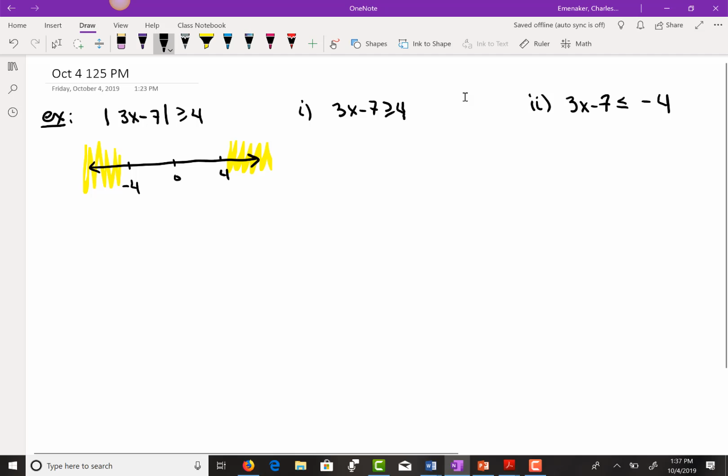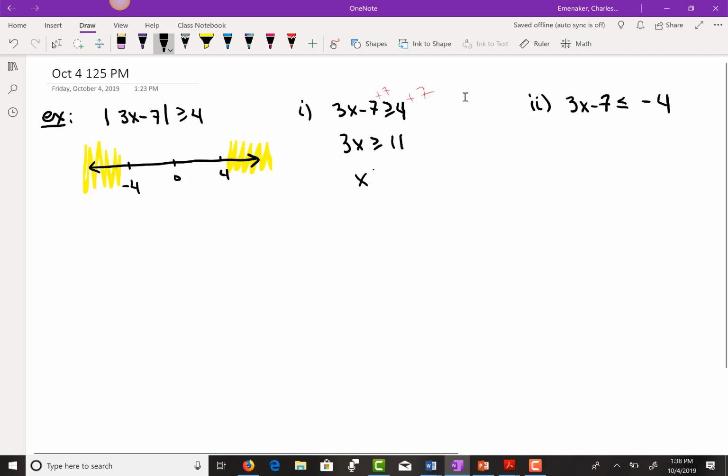Okay, so we've got these two inequalities we have to solve, and as Myron said, first step is break it into two pieces like this so that we know what directions we're heading. Secondly, solve them. Well, in this case, what we're going to do is add 7 to each side, and that'll then give us this 3x is greater than or equal to 11.